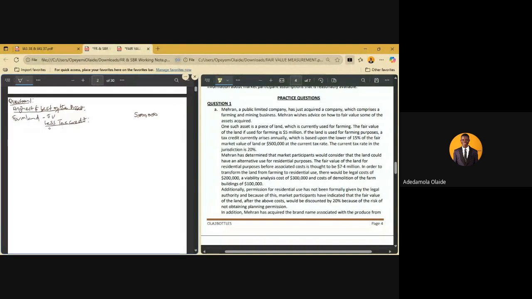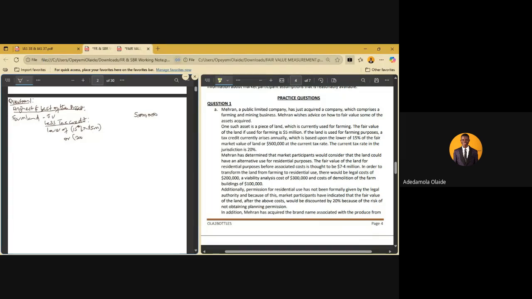Lower of 15% of the fair value, or 20% of 500,000.